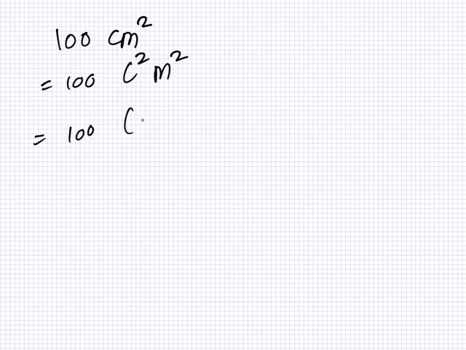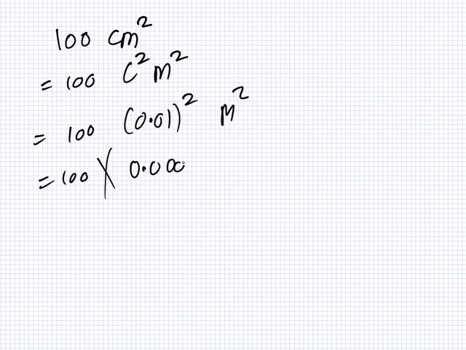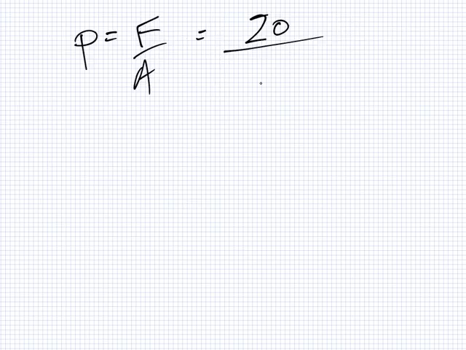Hang on, let's calculate. 100 centimeters squared is 100 centi squared meters squared, which is 0.01 squared meter squared, which is 100 times 0.0001 meter squared, which is 0.01 meters squared. So, what's the area here? No, 0.02, because she has two hands.